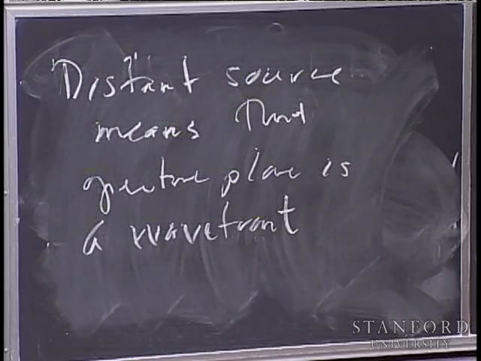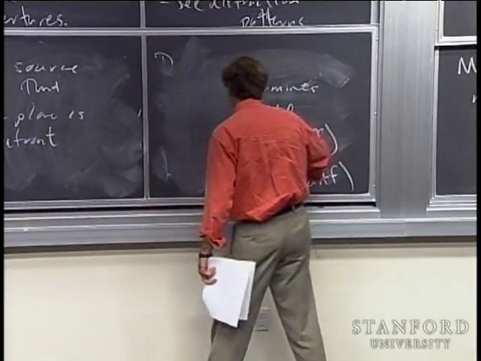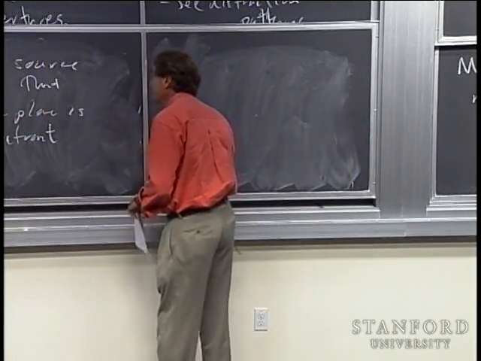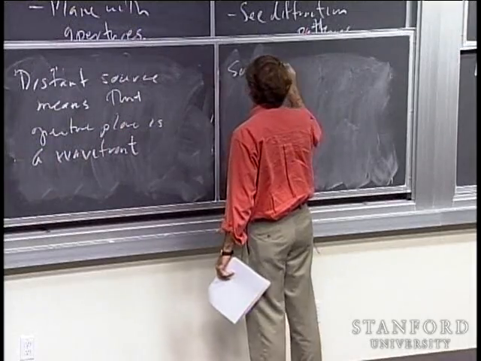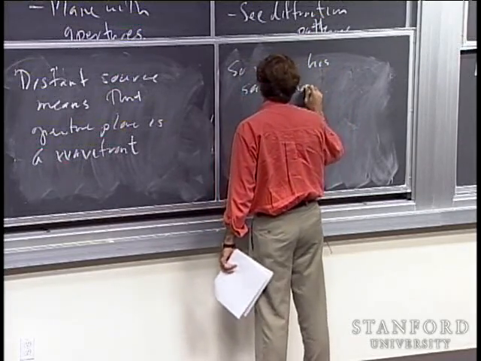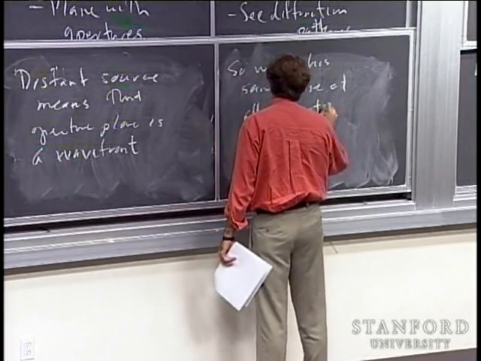And again, practically what that means is that everything here is the same phase, which means you can ignore the phase. Okay? It's a wavefront. So the wave has the same phase at all points of the aperture plane.